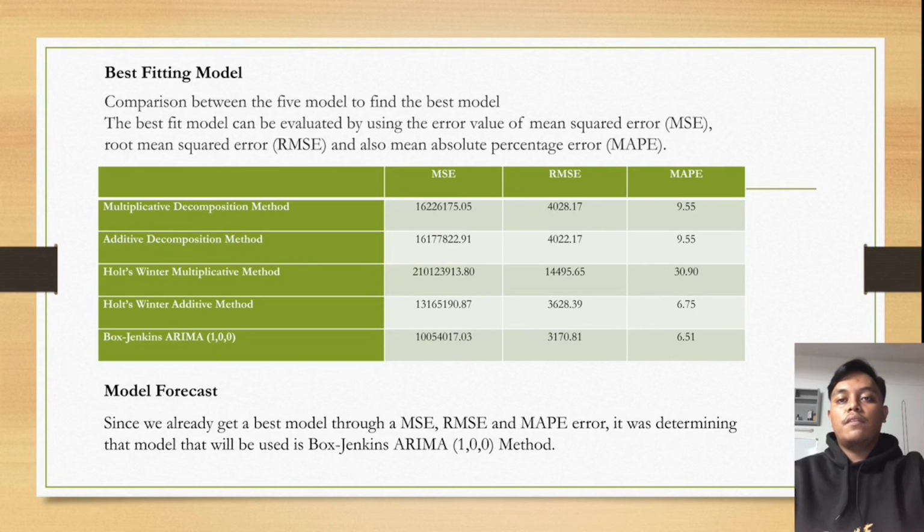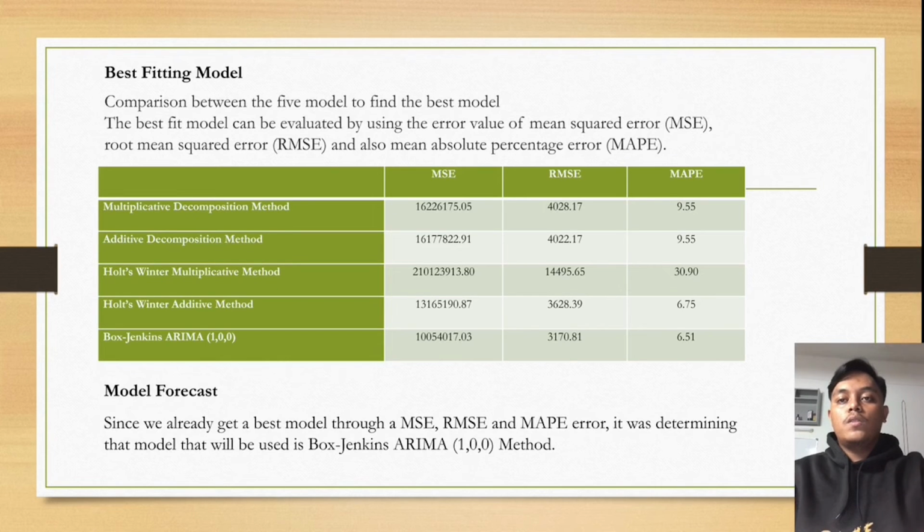In Table 5, it shows that Box-Jenkins ARIMA has the lowest error values, with MSE of 10054017.03, RMSE 3170.18, and MAPE 6.51.